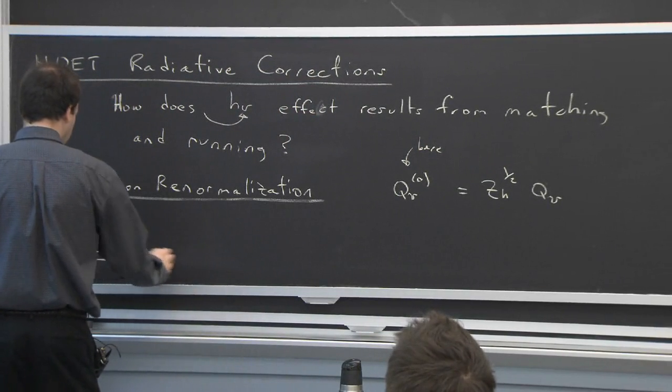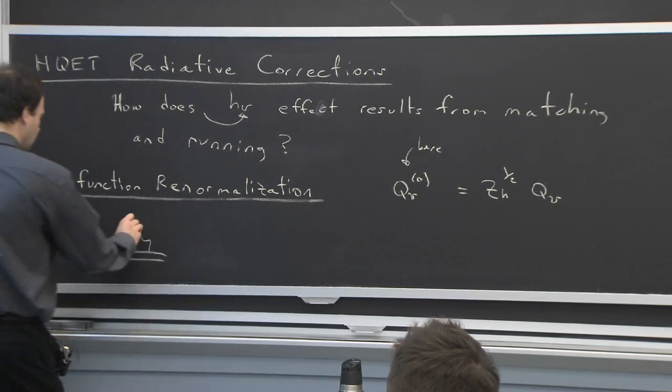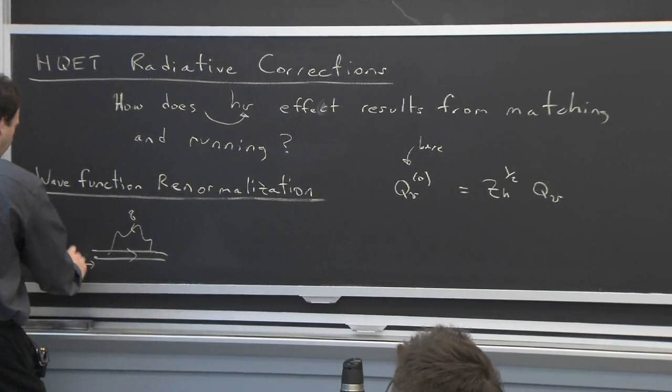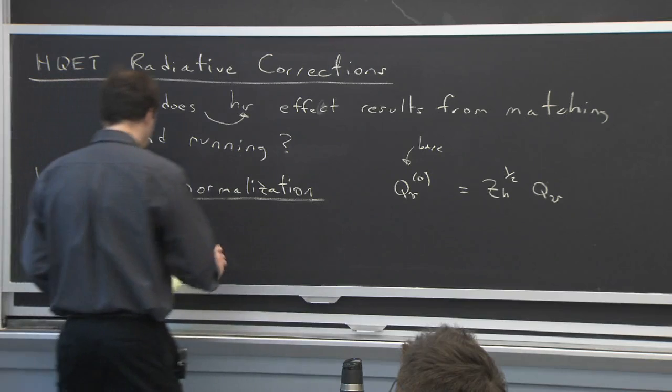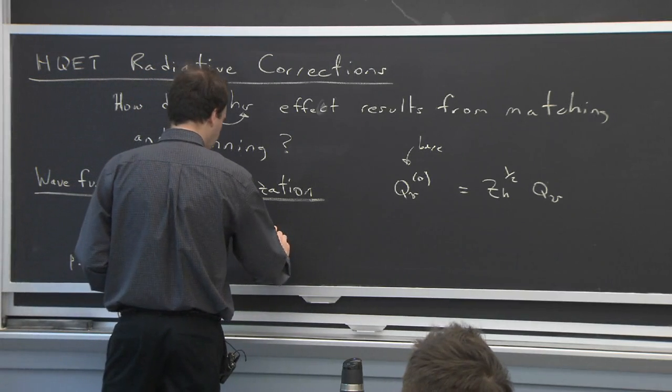And so we have to calculate at lowest order this diagram. Send in a momentum p. This is q plus p. Use the Feynman rules.